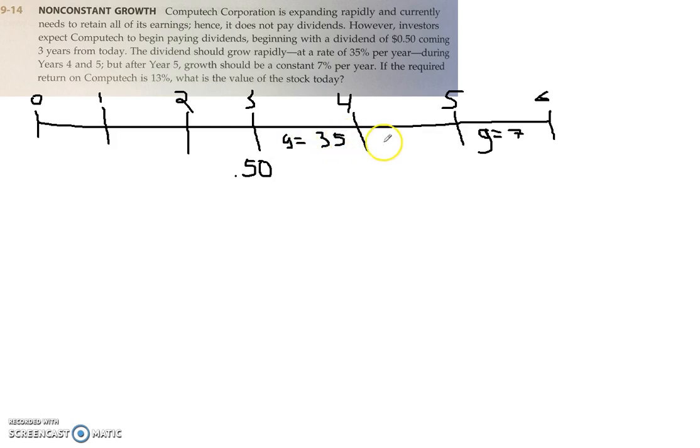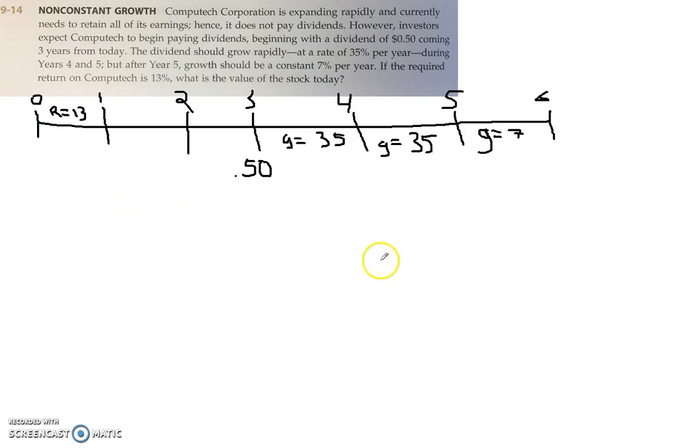Growth equals 35%. Growth equals 35%. All right, required return is 13%. So we'll just let ourselves know that, hey, we're going to discount by 13%. Okay, hopefully that's readable. Sorry, it's really hard to draw with the mouse.